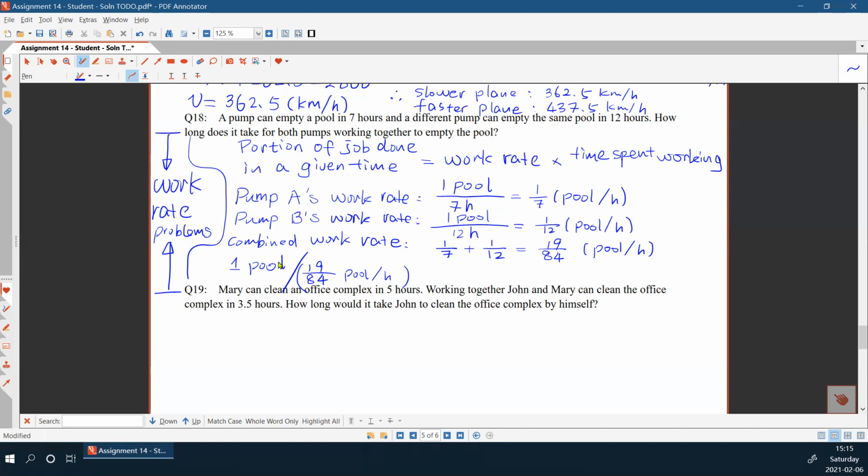You should use one pool over your work rate, right? Which is 19 over 84. So this gives you 84 over 19 hours, which is approximately 4.42 hours to complete the whole task.